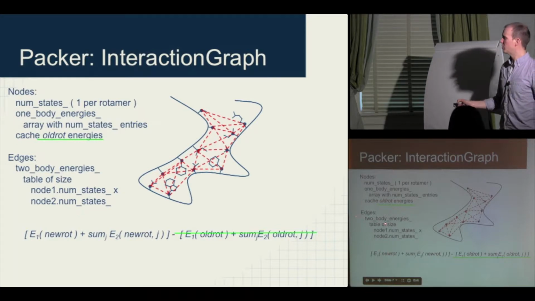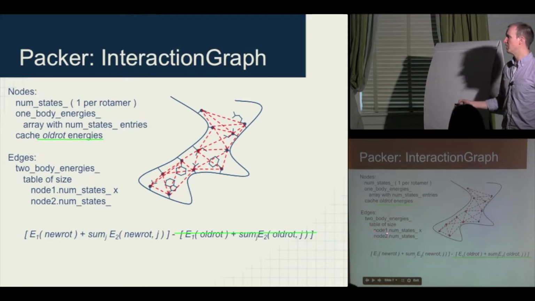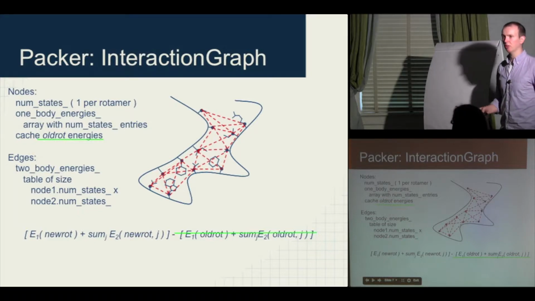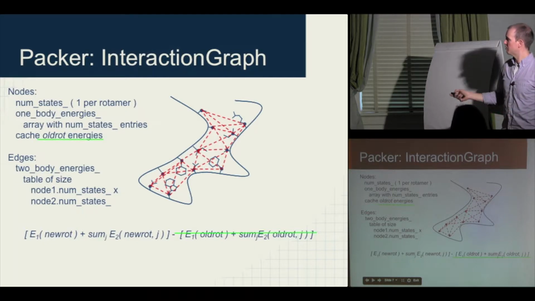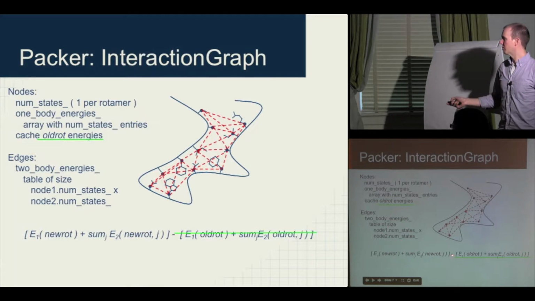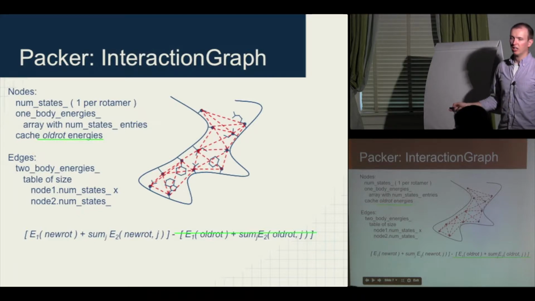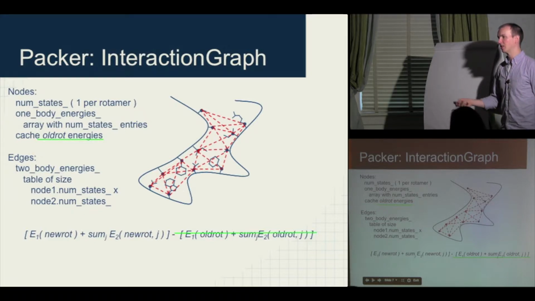For the two-body energies, those will be stored on the edges. It's going to be a table of size node1 dot num states times node2 dot num states, so an n by m table where n and m are the number of states for the two nodes respectively. One final optimization you can think of is that to get delta E, you have to subtract the old energies from the new energies.